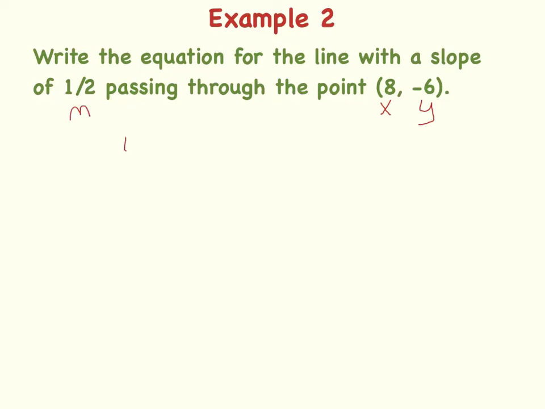So we're going to take our y equals mx plus b, and we're going to replace x and y with our ordered pair, and we're going to replace m with our slope. So we have -6 equals, well, m is 1/2, x is 8, so 1/2 times 8 plus b.